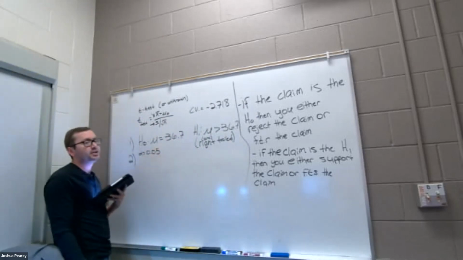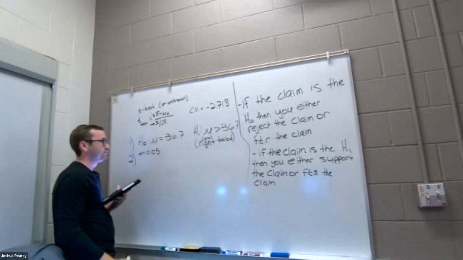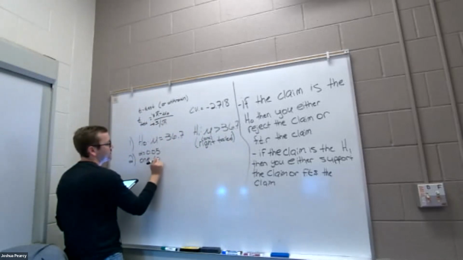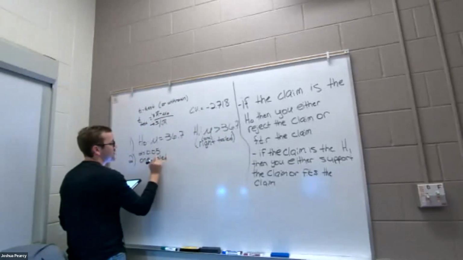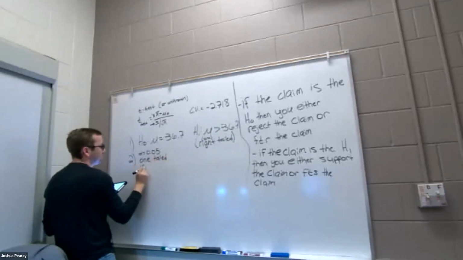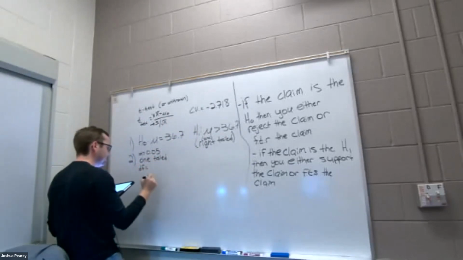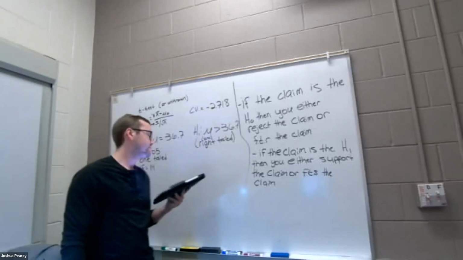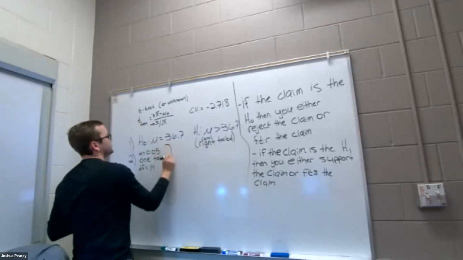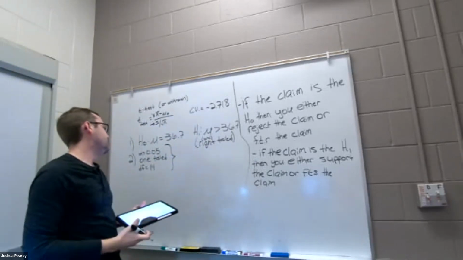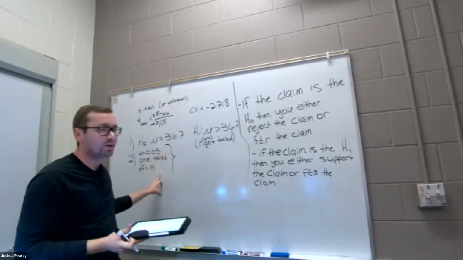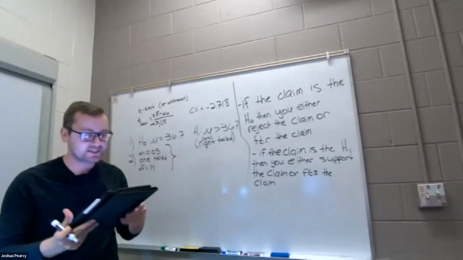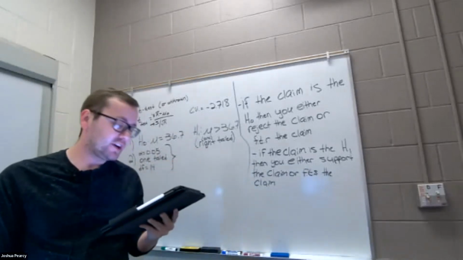And what else do you need? It's one-tailed. And what else? The degrees of freedom is equal to n minus 1, and the sample size is 15, so the degrees of freedom is 15 minus 1, or 14. Then intersect these three in the table, and take the positive value because we're doing a right-tailed test.